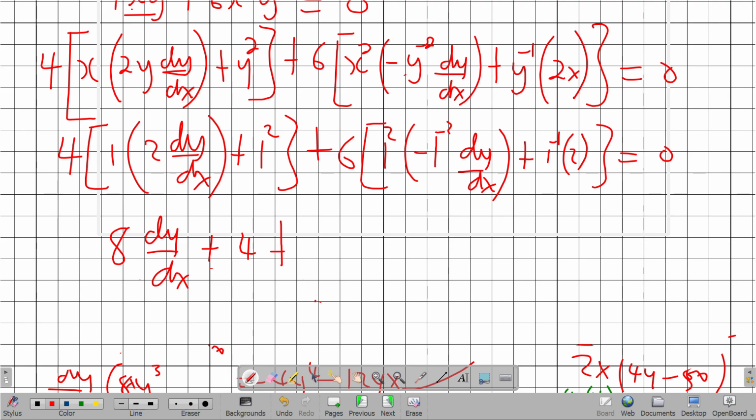This side here, just having a look at it, the negative here is still going to remain, so we're going to have the minus, so I'll need minus here. So we're going to have minus 6 dy over dx. This 6 goes there, it does affect, but there's a trick here. Careful with such kind of expressions. So it's plus 12 is equal to 0. Right.